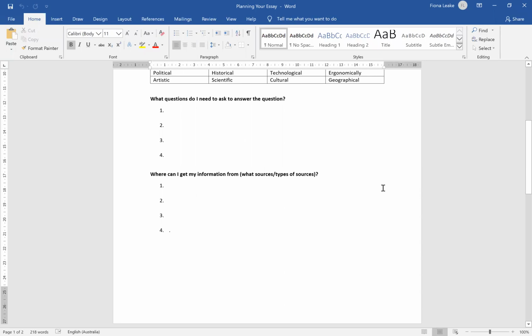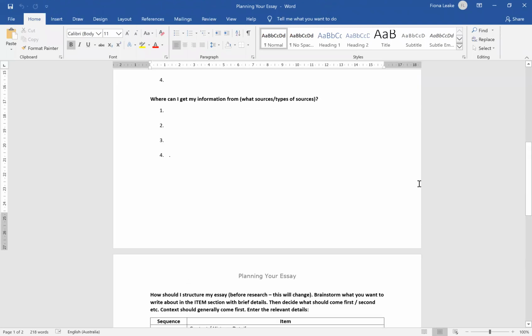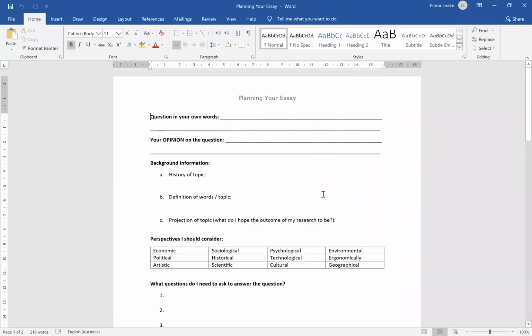So what kind of sources you can get your information from. So I'll start going through this section first, and hopefully your teacher has printed this off for you, but as usual, I have put it in WeChat as well. So I'll show you what I would actually do for a question that I've invented for myself, so you can see what you guys will need to do.